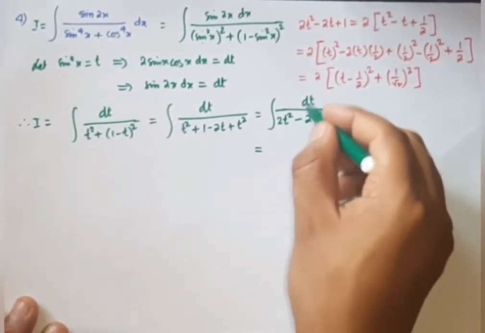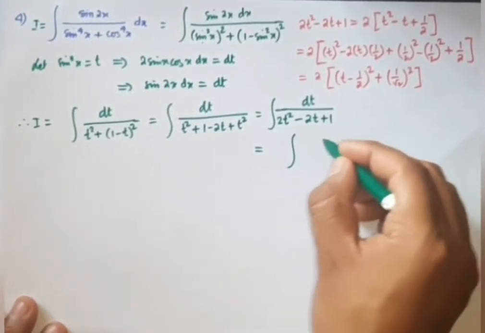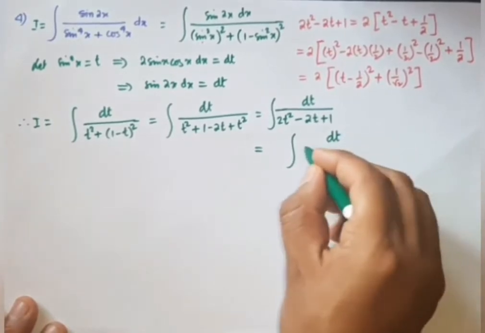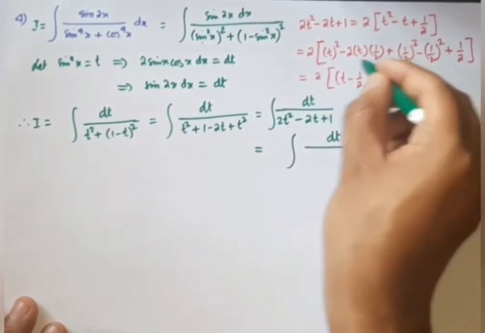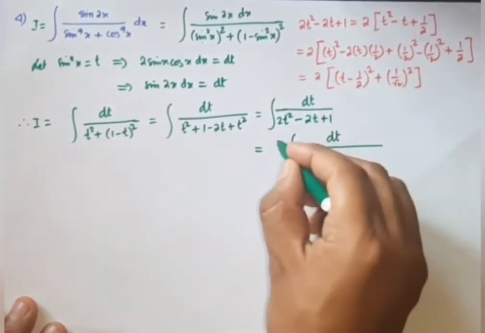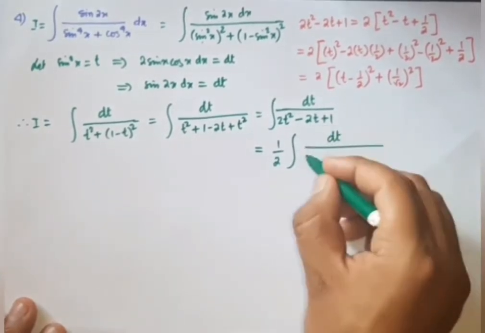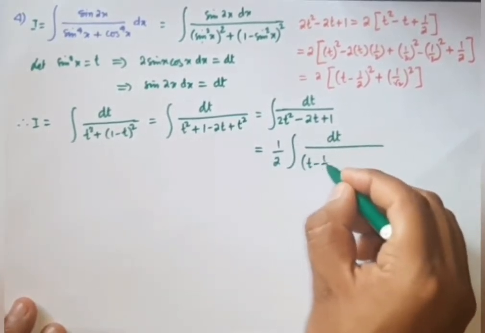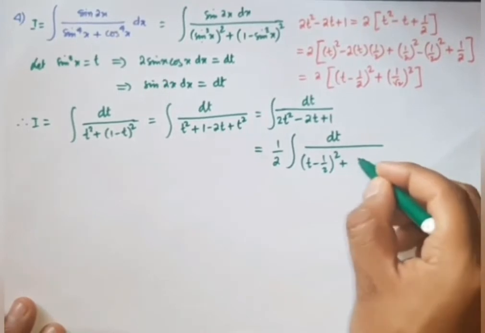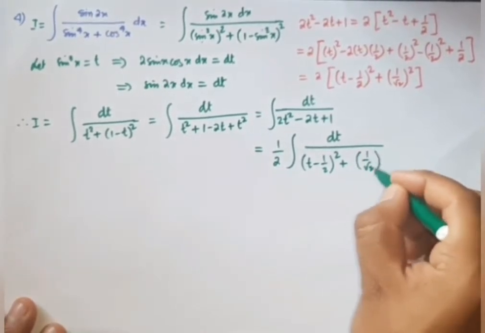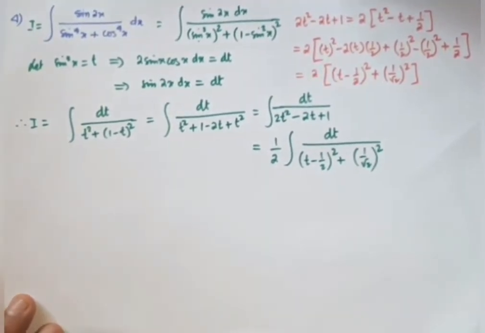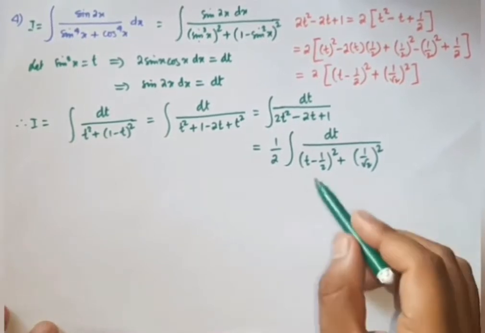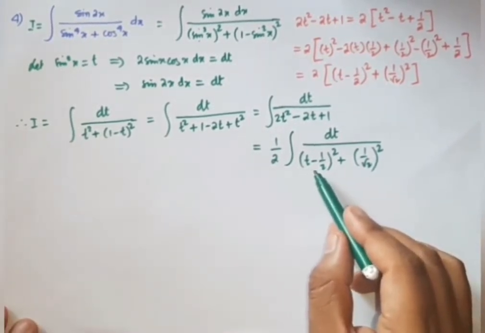So we have integral dt by, so this entire thing can be written in this way and this 2 can be kept outside. So we have (t minus half) square plus (1 by root 2) square. Now we will do the next substitution, that is t minus half.